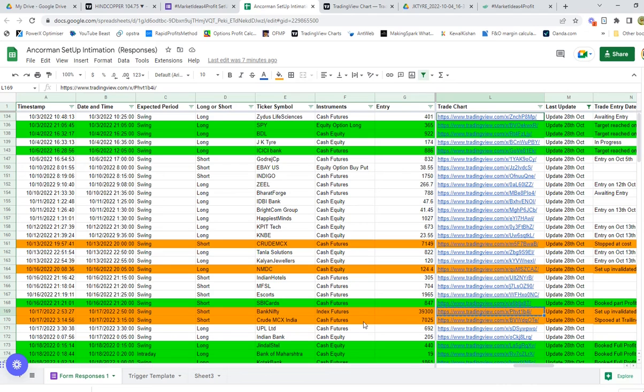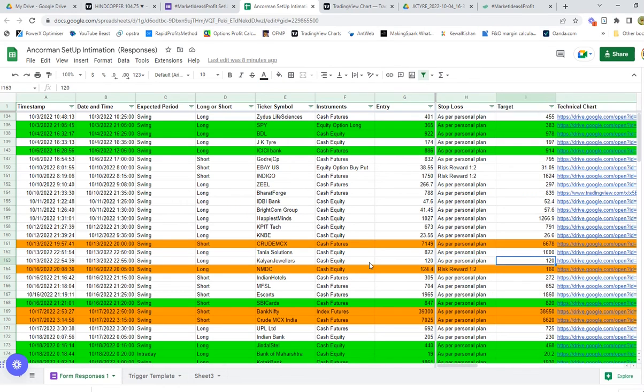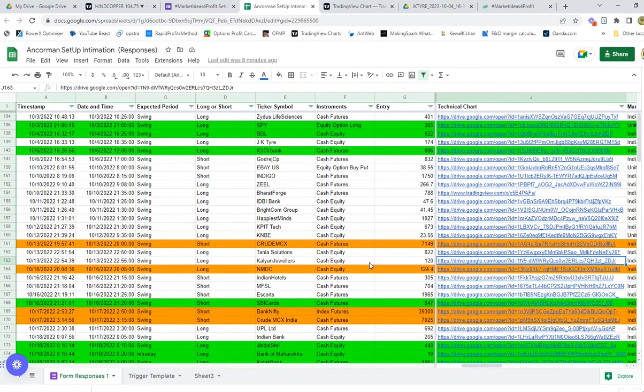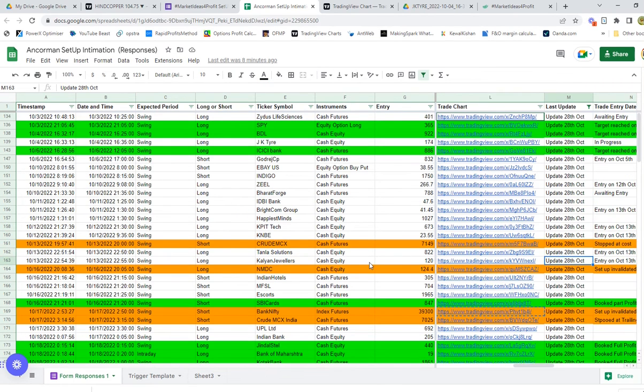And how the trades progress is something that tracks it for me myself, as well as for anybody who is wanting to follow the trades that I set up. So the basic idea is to demonstrate the strength of my analysis and the system that I follow, and the method that I am wanting to take to people and wanting them to learn from me and implement it for their own interaction with the market.